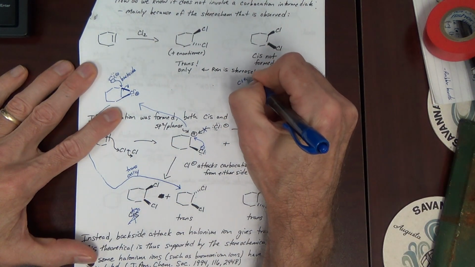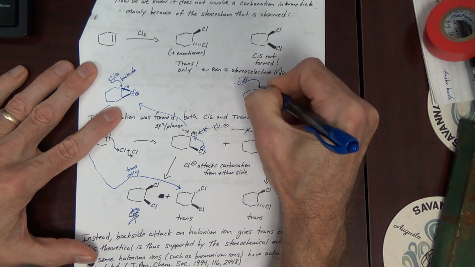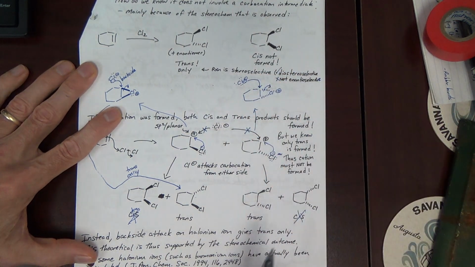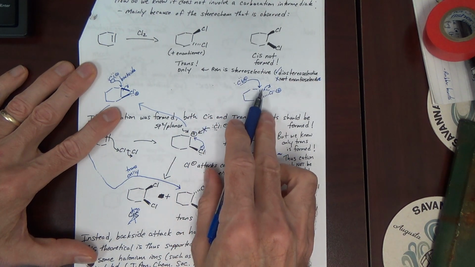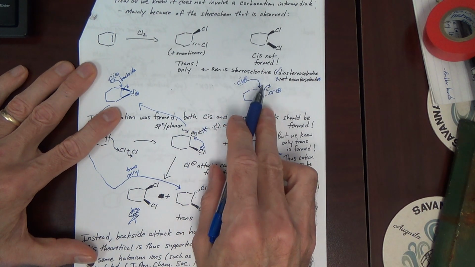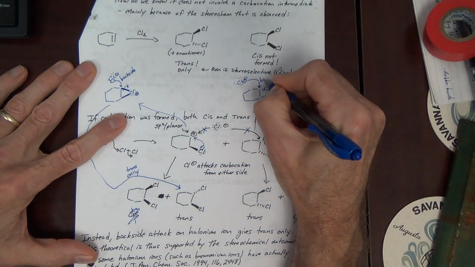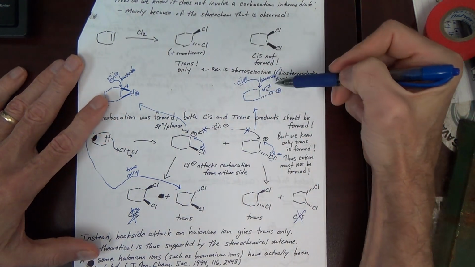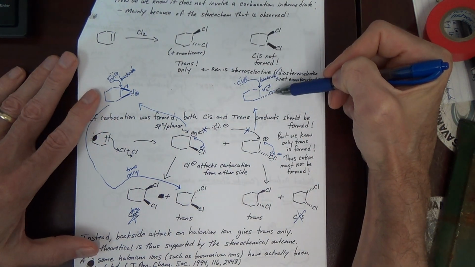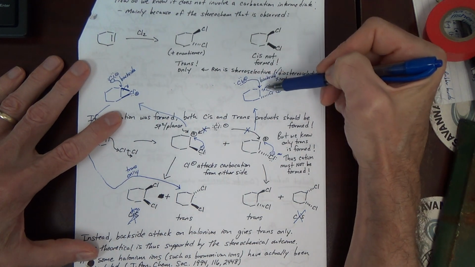Now when the chloride comes in and attacks here and kicks this off, the leaving group is down, so the chloride comes in up, or opposite. You can also call that backside, but again you have to be careful. It's not always back. Backside means it's opposite to the leaving group. The leaving group is down or back, so this chloride comes in up.